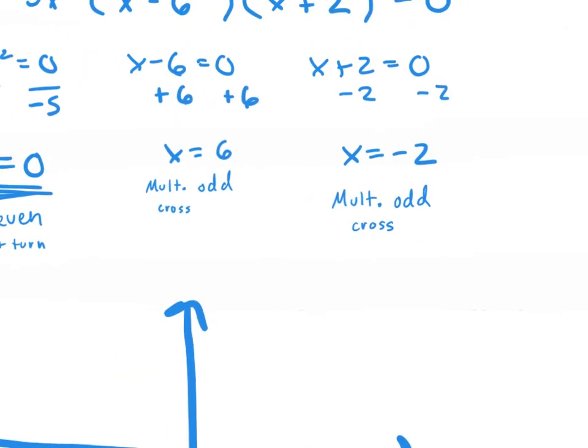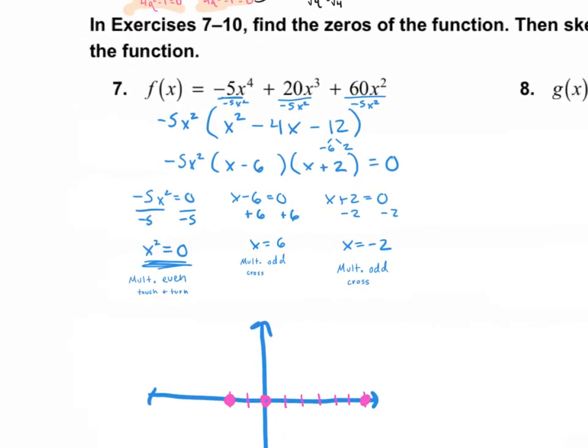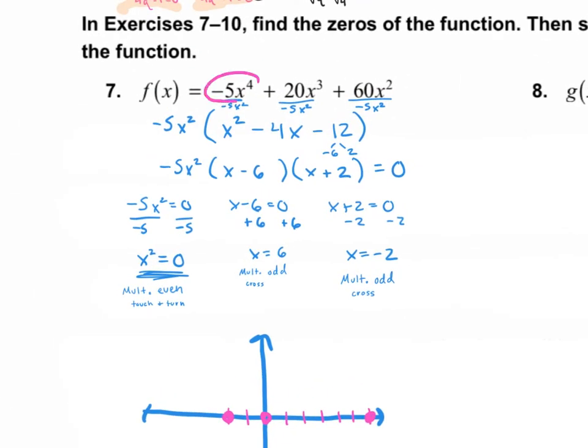Alright, so we're going to put a dot at 0. I'm going to change the color here. So a dot at 0, a dot at 6, 1, 2, 3, 4, 5, 6. That's the next step. So next, we need to see what is our end behavior here. Even and negative tells us what?